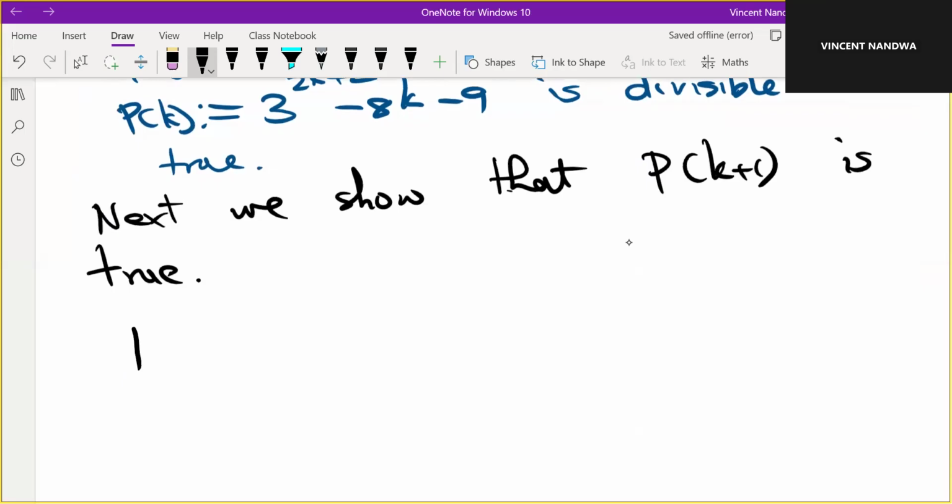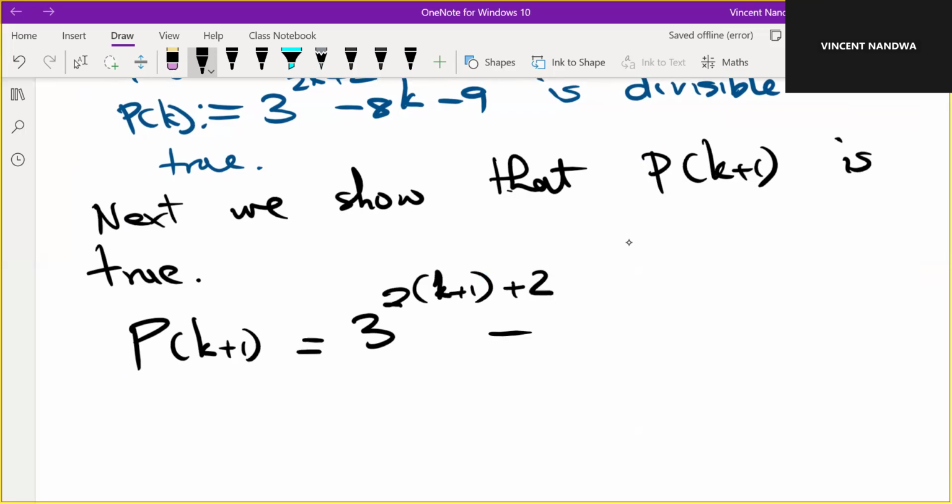So P(k+1) will mean we'll have 3 raised to the power 2, where we have k we put k+1, so 2(k+1)+2, minus 8 into (k+1), minus 9. So we want to see if we play with this expression, we are going to get an expression which is divisible by 8, correct?